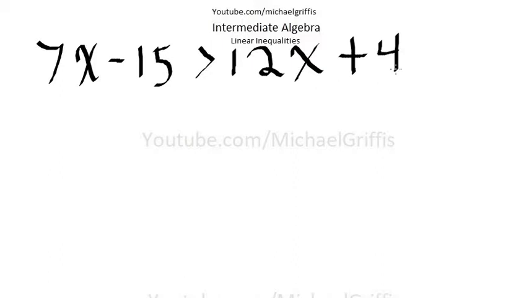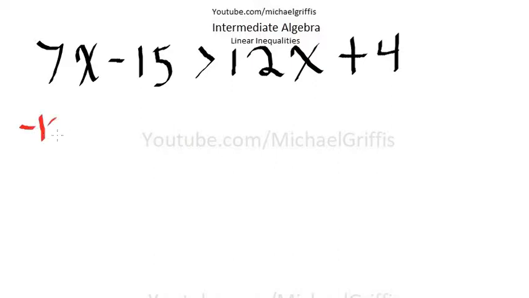Well, there's a couple things. You could leave this 12x over on the right hand side if you want and take the 7x over. But I think what we're going to do here is go ahead and subtract 12x from both sides. We'll just do that. How's that? Okay.